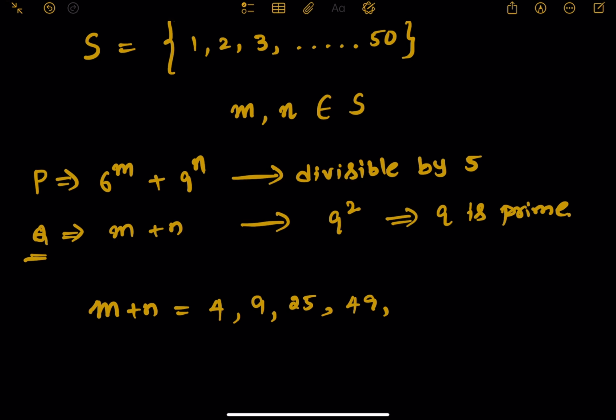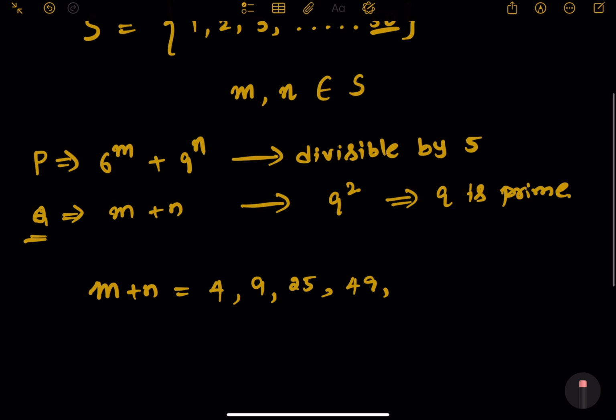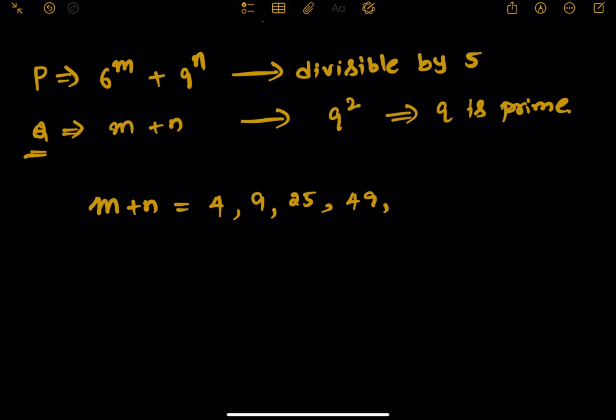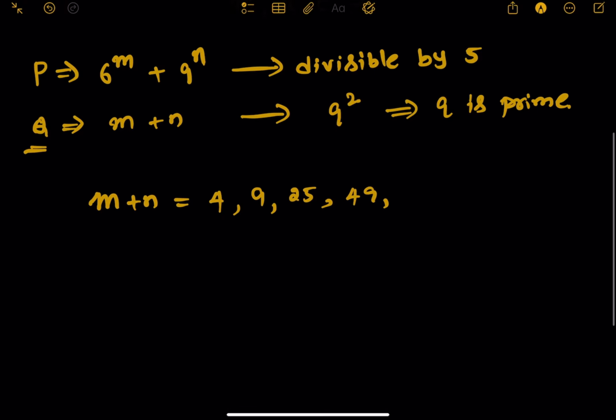It cannot be 10 square or 11 square, because the maximum sum possible is 100. So m plus n can be 4, 9, 25 and 49. If m plus n is equal to 4, the values of m can go from 1 to 4. So therefore, there will be 4 solutions here.